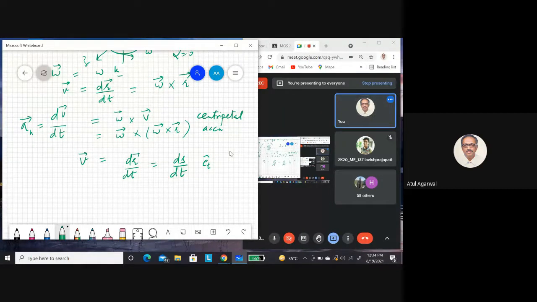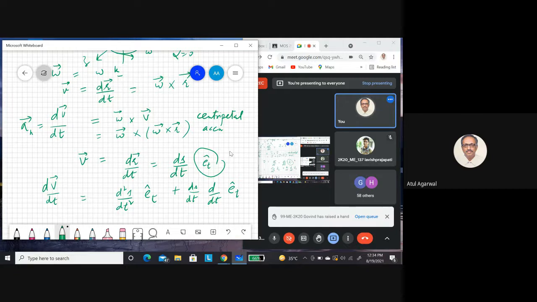Okay. Now again we try its time derivative. So d square s by dt square, plus ds by dt, then you need the time derivative of this. What is the time derivative? Any questions? Govind, do you have a question?